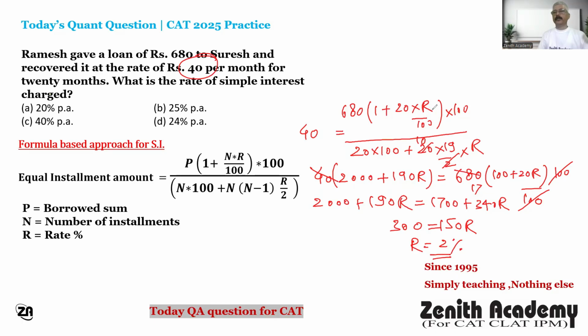Here, R is the rate percent per month. It is a case of simple interest, so every month the rate is 2%. The question is, what is the rate of simple interest per annum? When monthly simple interest is 2%, per annum this is 2 into 12, which means 20%.